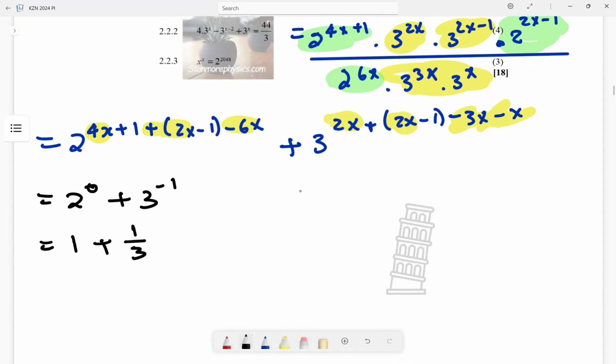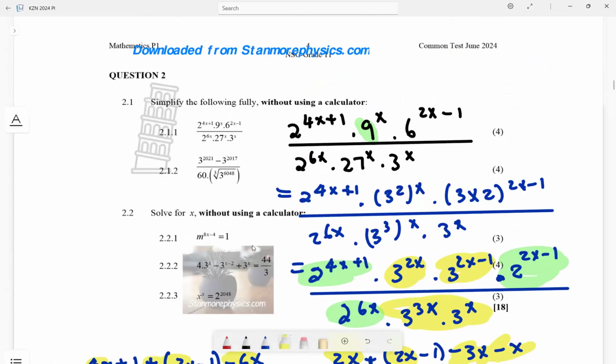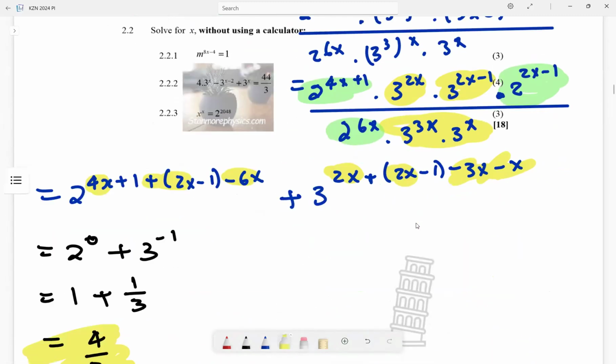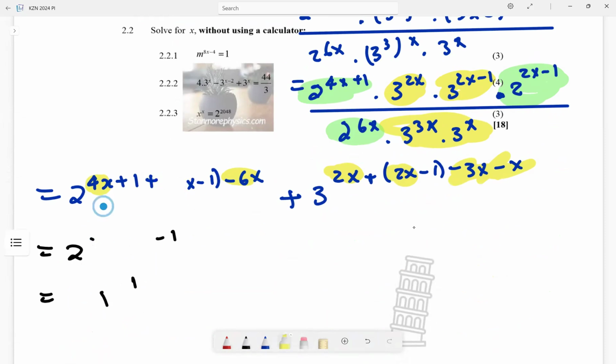Then when you evaluate that, you get 4 divided by 3, if I'm not mistaken. Yes, 4 divided by 3. So this is your answer, 4 divided by 3, for 4 marks.